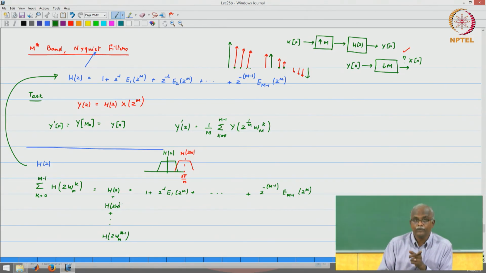H of zw, that means wherever there is z, replace with zw, this one will become 1 plus z inverse w inverse E1 z power m remains as E1 z power m, because w raised to the power m.